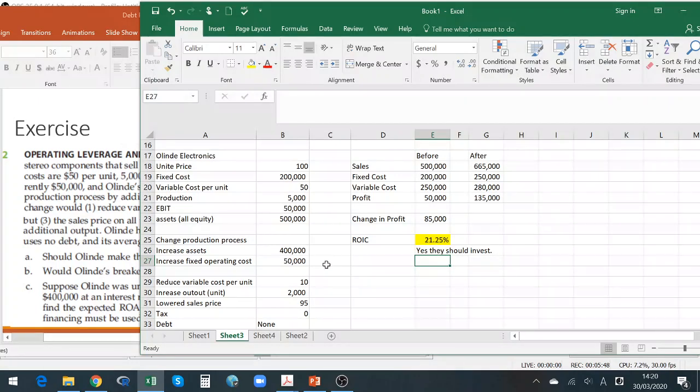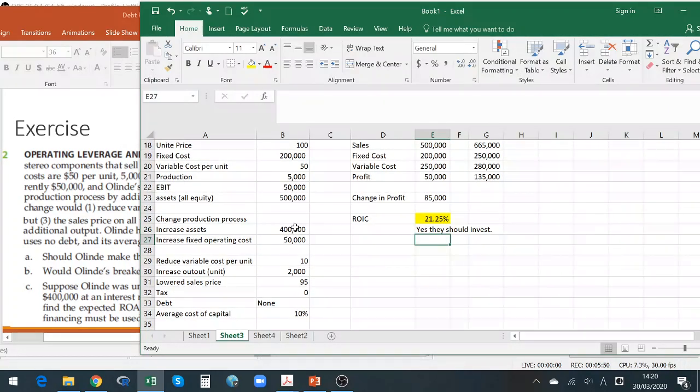Because remember they don't have any borrowing, they finance everything with equity, and their cost of capital is 10%, but they can increase their return to 21%. So their return is more than the cost of capital. That's why they can get more return. Their return is more than cost.